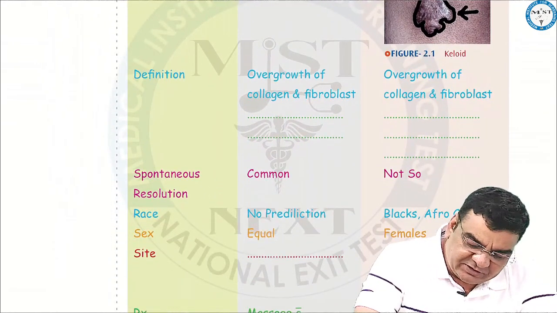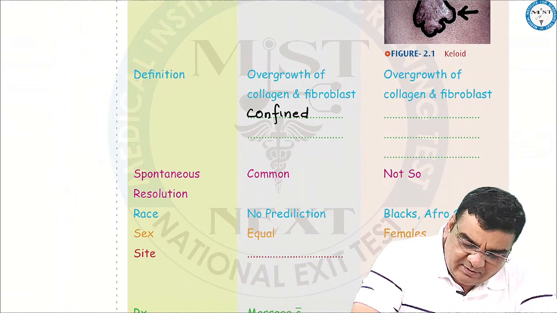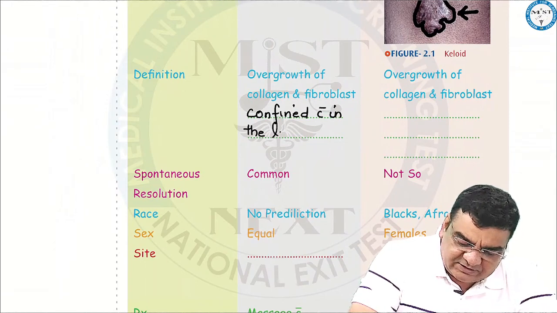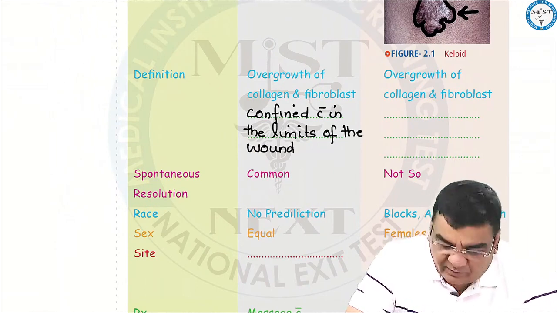So by definition, overgrowth of collagen fibroblast confined within the limits of the wound, this is a hypertrophic scar.